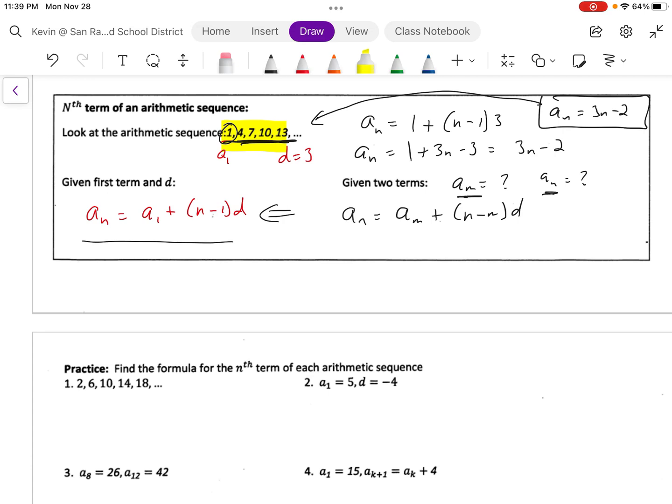If we want to find what d is, let's just pick some random numbers here.